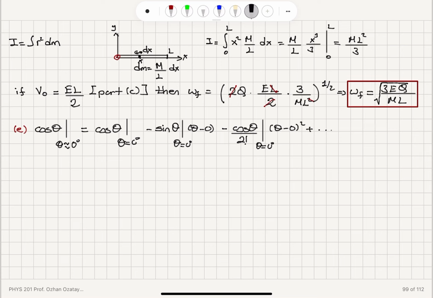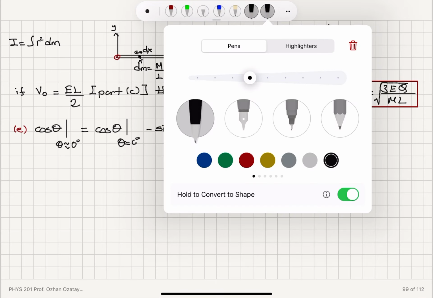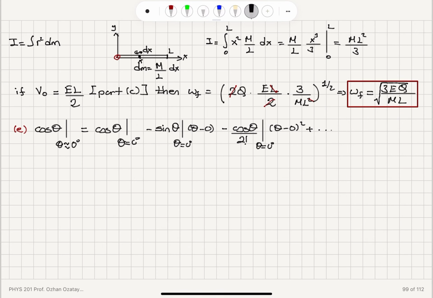Cosine 0 is 1, sine 0 is 0, so that term disappears, and cosine 0 is 1 again, so I obtain theta squared over 2 for the last term.